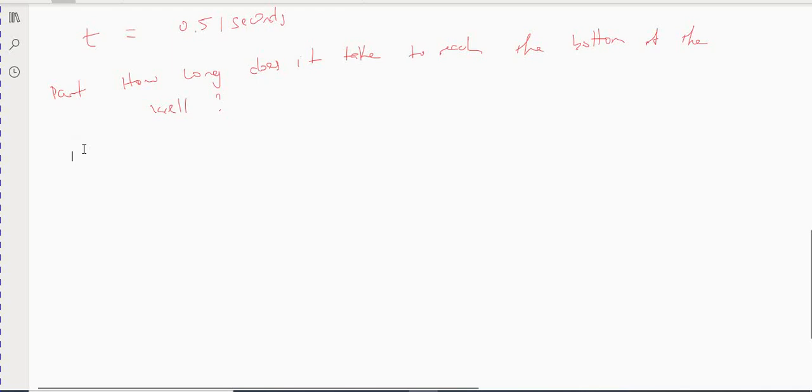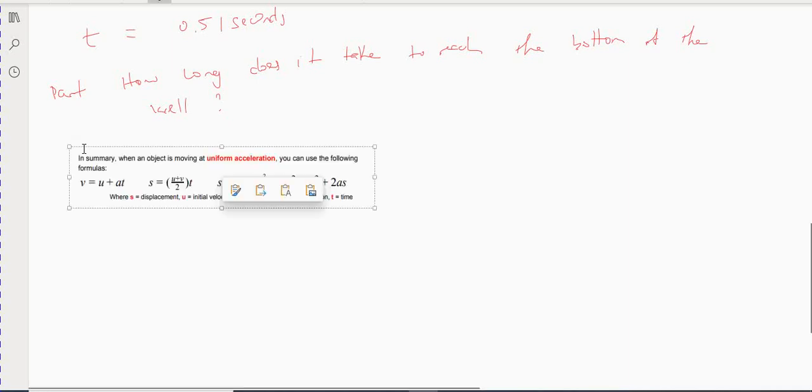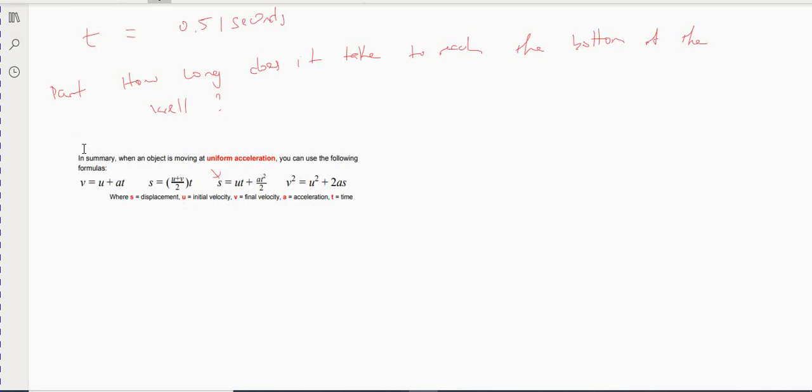We have to use that second equation that speaks of the displacement, so to speak. This is a more appropriate one for us to apply. Alright? Because we don't know the velocity at which the coin hits the ground as yet. Alright? So this is the only one we can use for now.